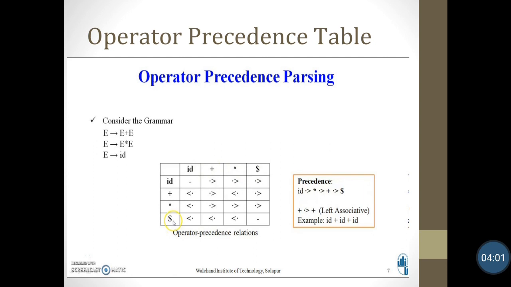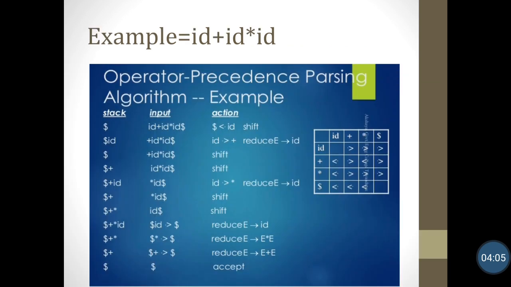In this way we will create this operator precedence table. After creating it, we will consider one string, ID plus ID star ID, that can be generated by this grammar. The $ sign represents the end of the string, and we will use a stack to parse this string.